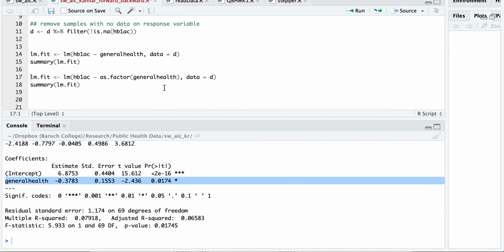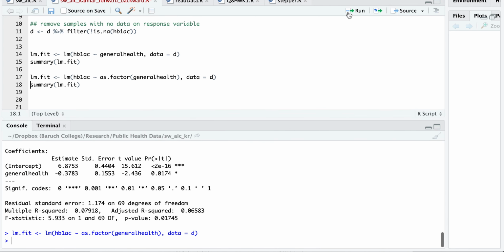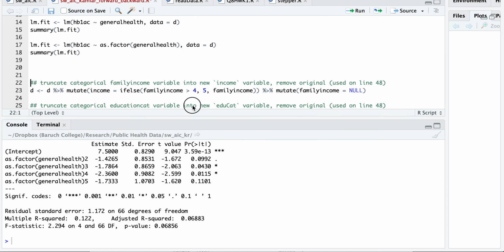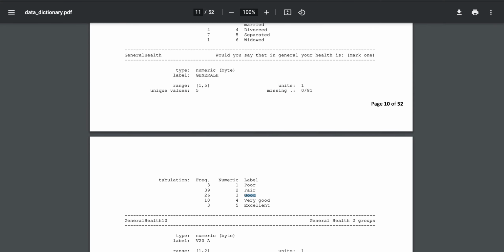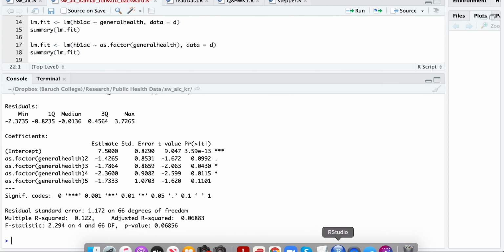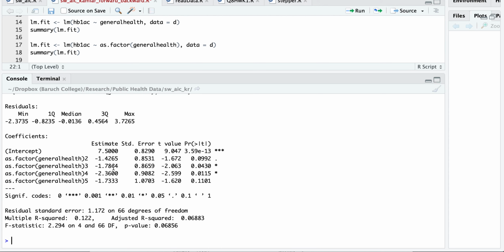Now let's treat it as categorical, and we see the numbers totally change. Now we have 4 coefficients, 2, 3, 4, and 5. Remember that general health had 5 categories, so everything is now in comparison to poor.